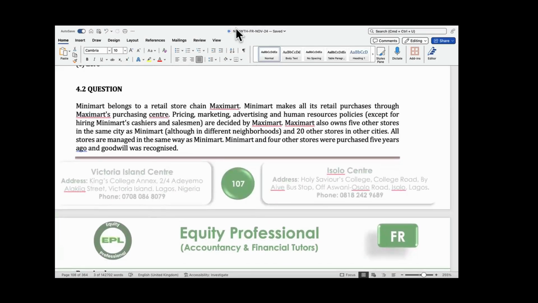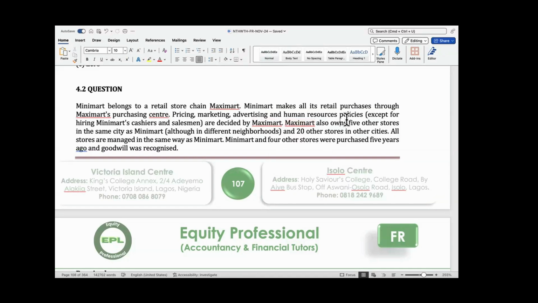So we have Minimart. Minimart belongs to a retail store chain, Maximart. Minimart makes all its retail purchases through Maximart's purchasing center. We're now told that pricing, marketing, advertising, and human resource policies are decided by Maximart.